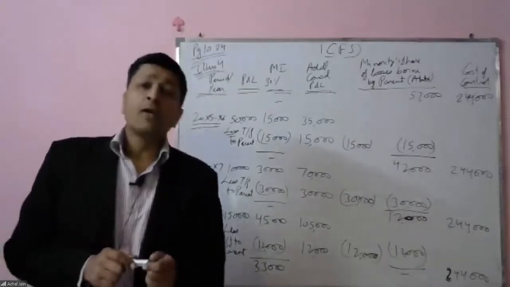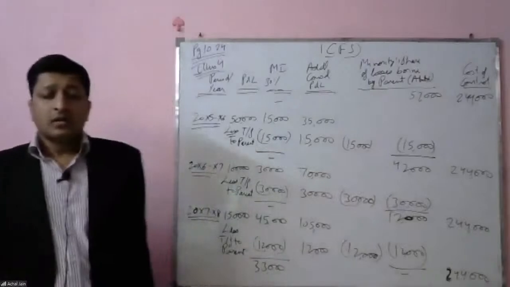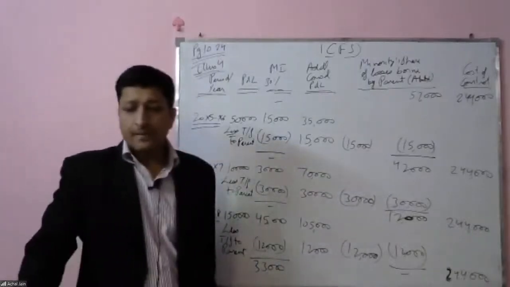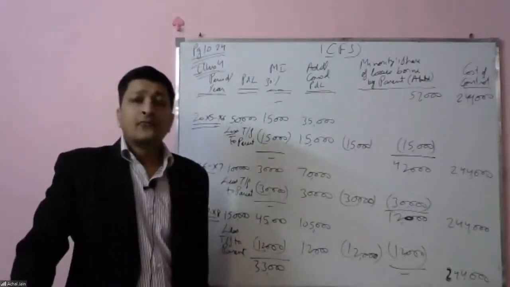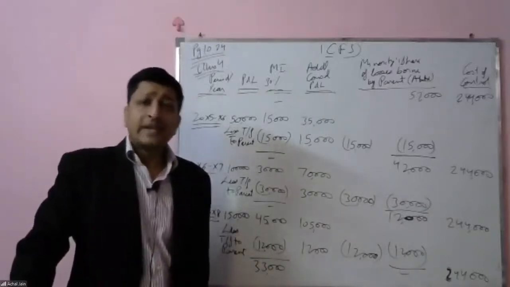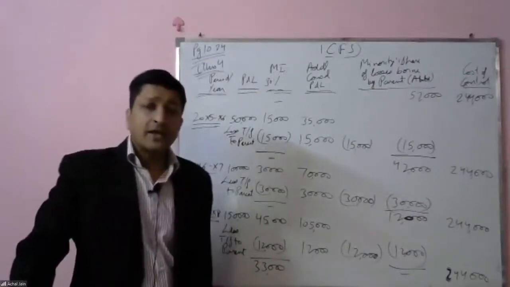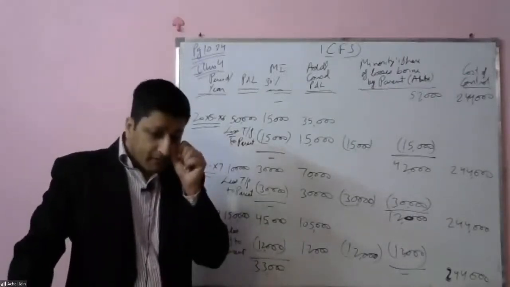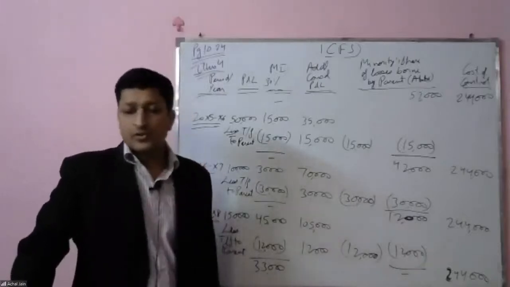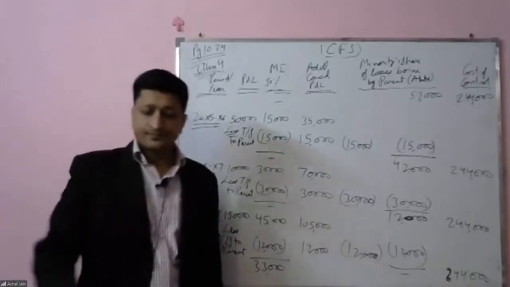So this is all about the concept related to a situation wherein the losses, when attributed to the minority, make the minority balance negative, and how do we deal with those losses? Okay, yeah.